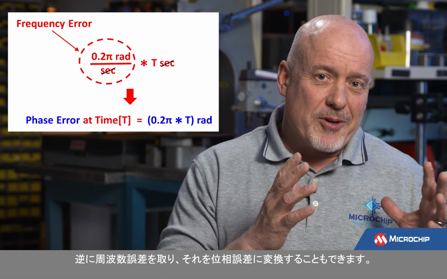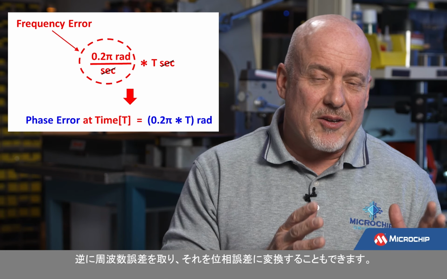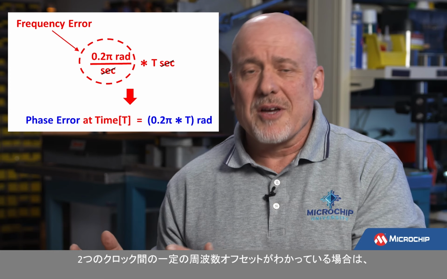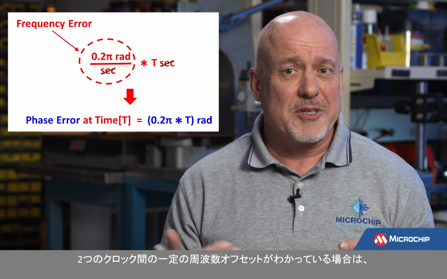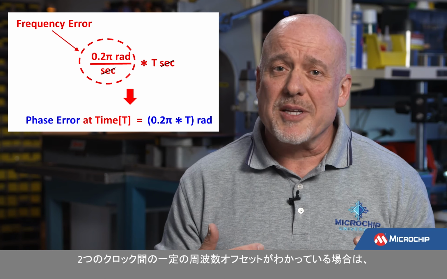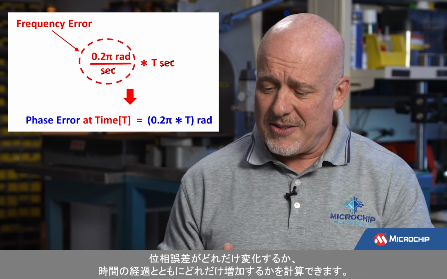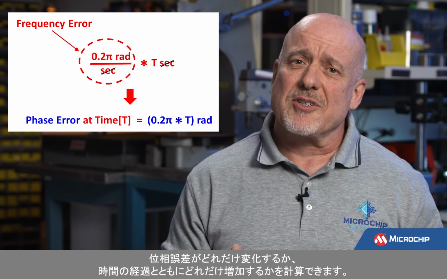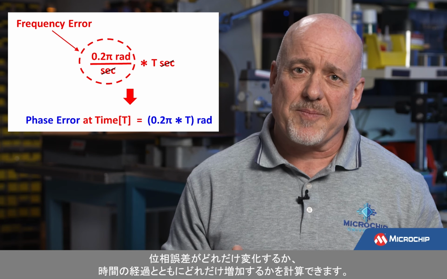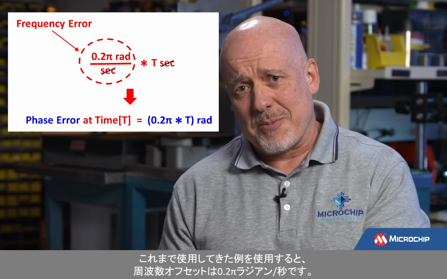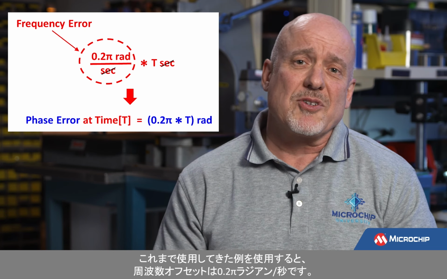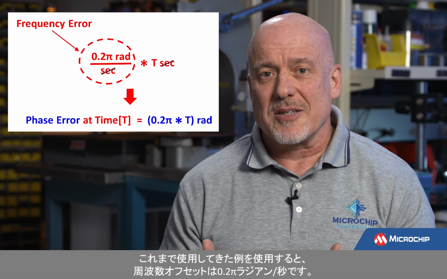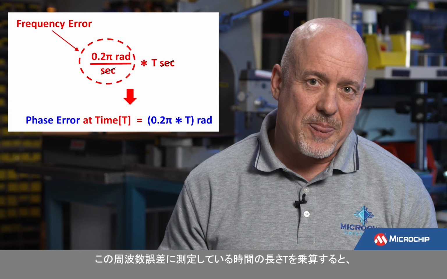We can take a frequency error and convert that to phase error. So if we know the constant frequency offset between two clocks, we can calculate how much the phase error changes, how much it increases over time. And using the example that we've been using, we have a frequency offset of 0.2 pi radians per second.